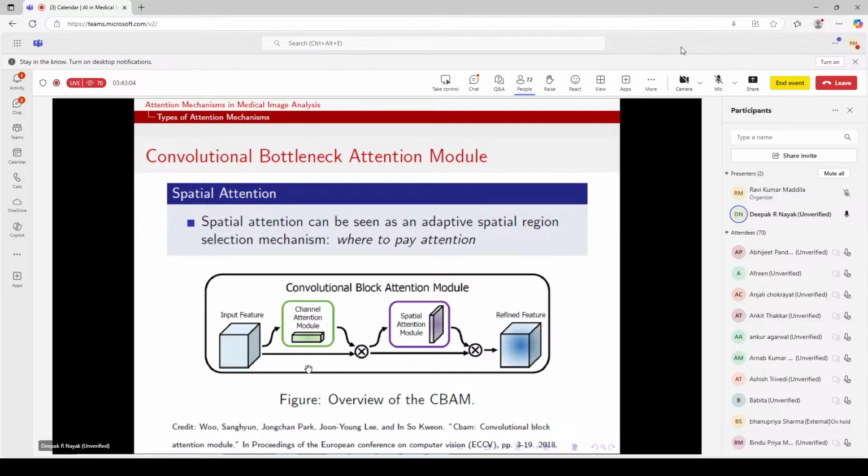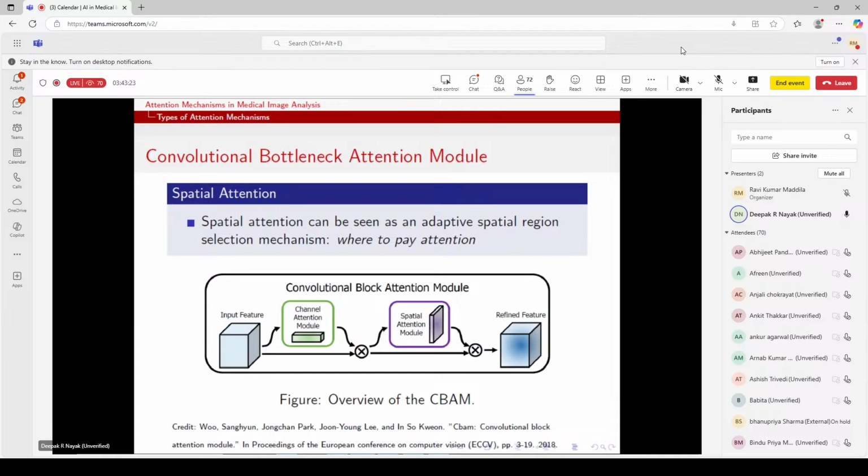It gets multiplied with the input, and finally what you get is the channel-wise attention map or attention feature map. Then, after getting the attention map by applying channel attention, they apply the spatial attention module.